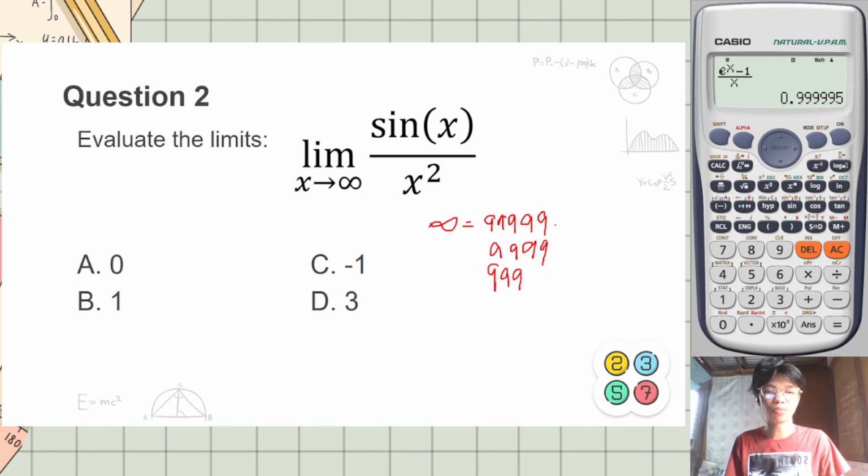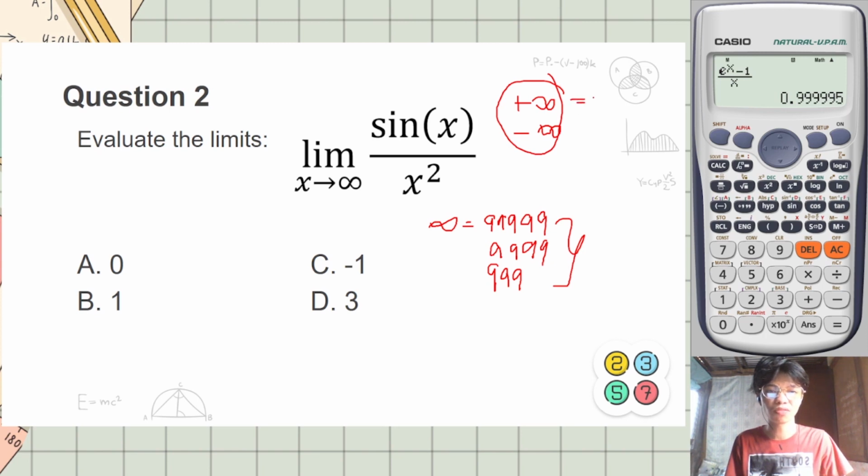Those are big numbers. You can use these as your limit. Since infinity has no symbol, it is neither positive infinity nor negative infinity, so you will use both limits.